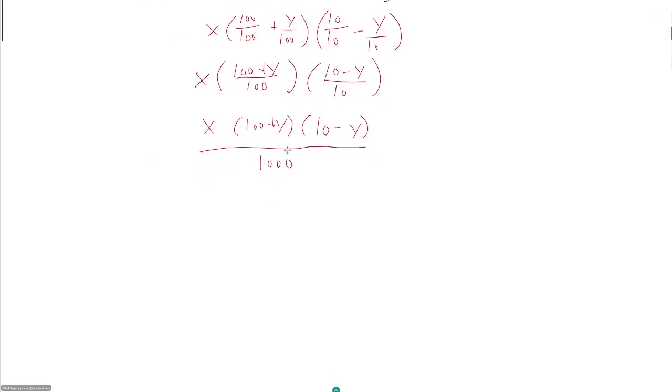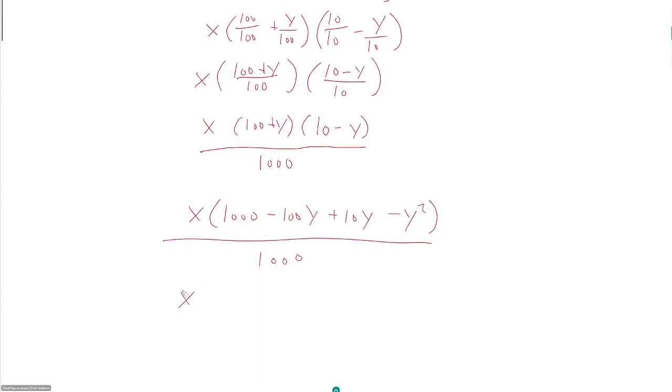So let's distribute out our parentheses here. It will still be x, but then times 100 times 10, which is 1,000, minus 100y plus 10y minus y squared all over 1,000.